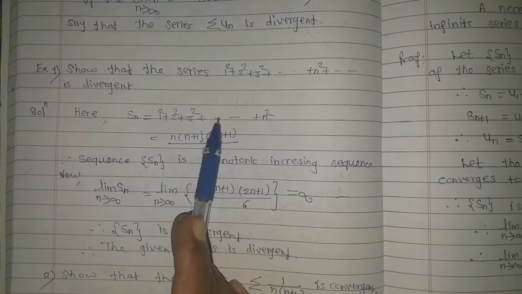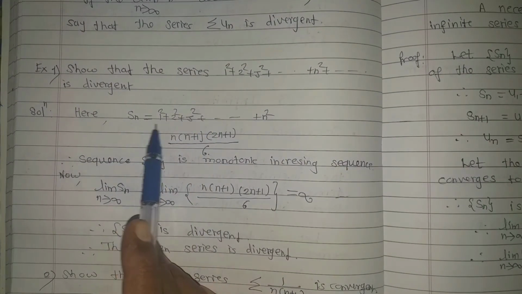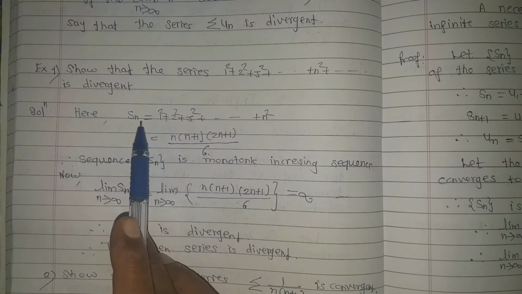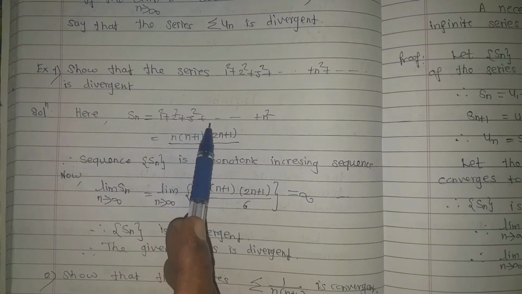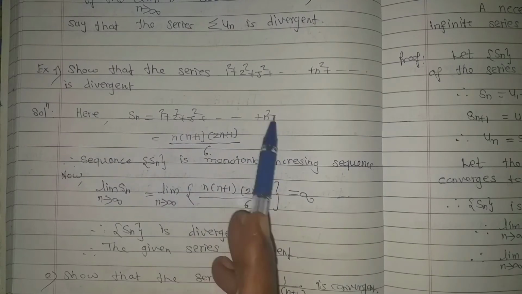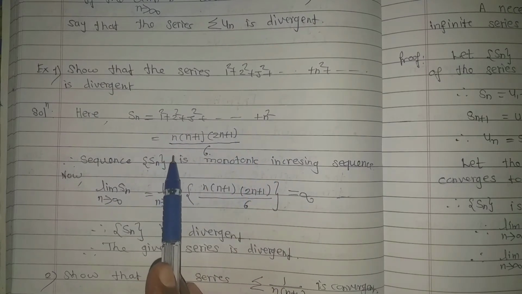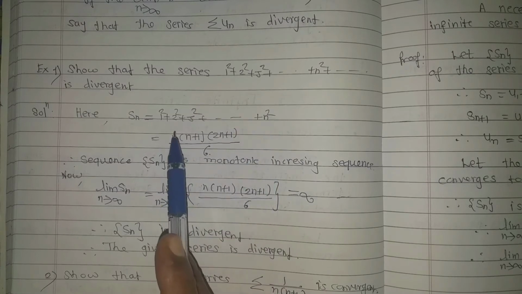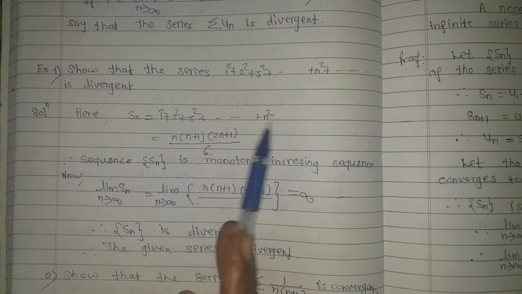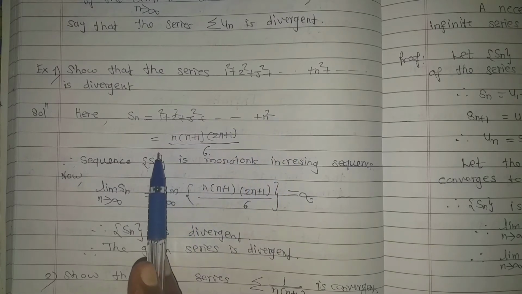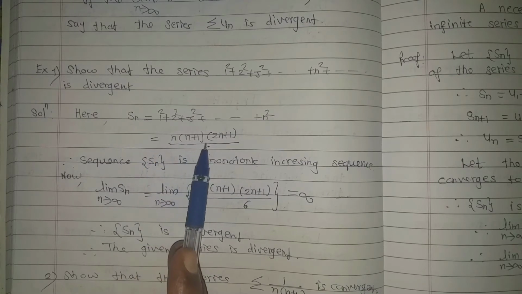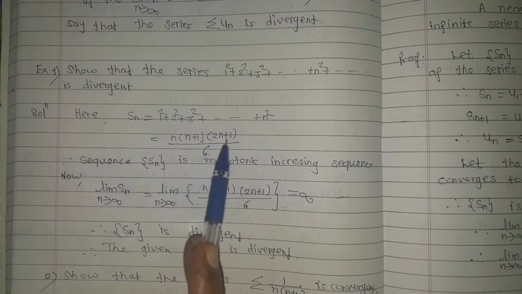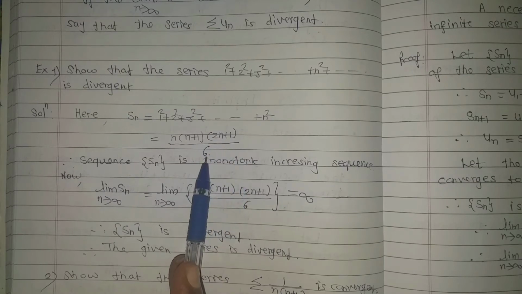We first consider the partial sum of first n terms, that is, the sequence Sn equal to 1 square plus 2 square plus 3 square plus up to n square, addition of first n terms. This can be written in the form Sn equal to n into bracket n plus 1 into bracket 2n plus 1 upon 6.